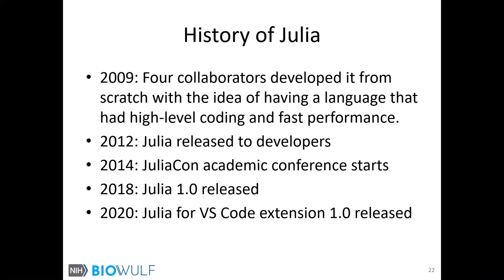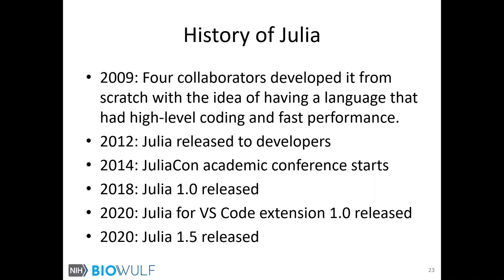The extension for Julia is very recent, and 1.0 was released in 2020. So if you are interested or have used VS Code before, know that there's an extension out there for Julia. And more recently, Julia 1.5 was released. It's just another time point.